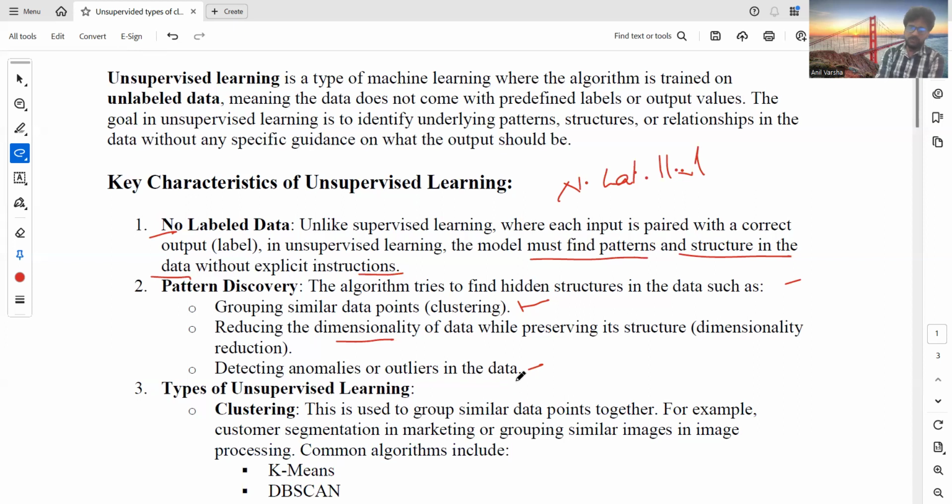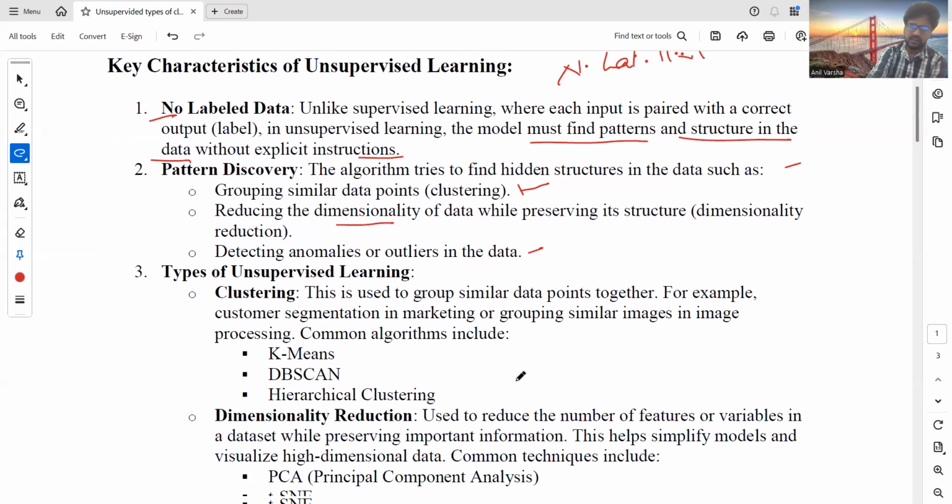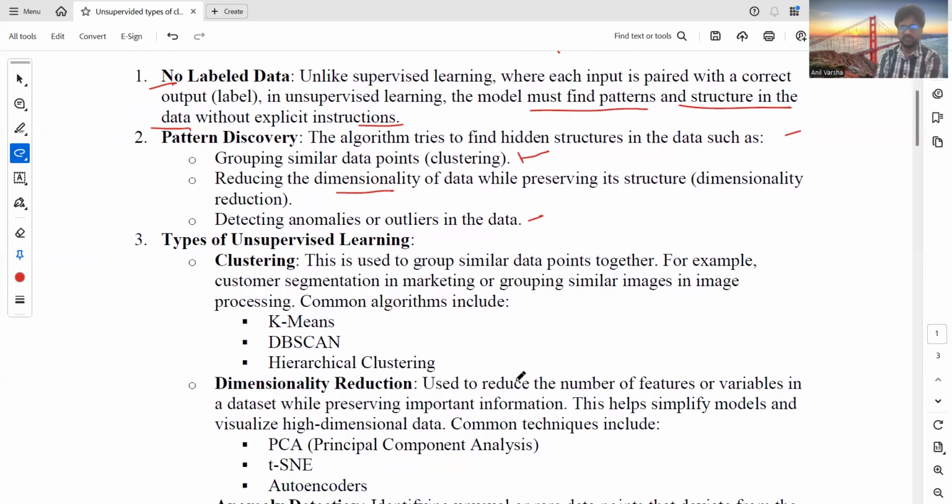Anomalies are the data points which are misfits. Outliers do not contribute, rather the data is noisy and the model is going to underperform. Similarly, anomalies. For example, if I only want to classify the given image into dog or cat, a donkey is irrelevant, right? So we should be able to identify the anomalies, as we already did for supervised learning.